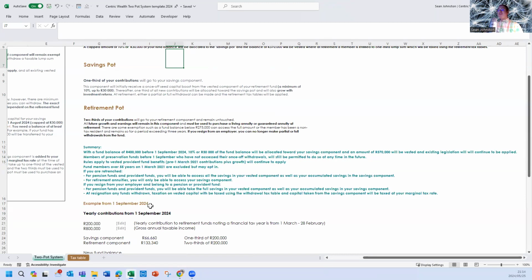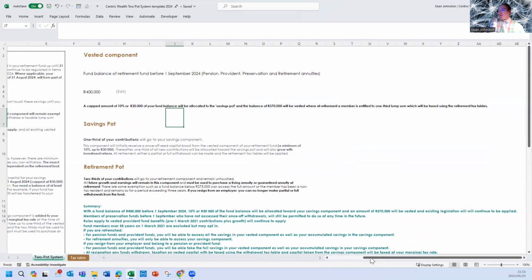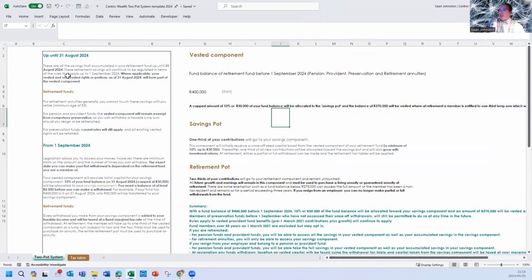If you are retrenched, for pension and provident funds, you'll still be able to access all the savings in your vested component, as well as the accumulated savings in the savings component, because the current legislation states that if you are retrenched, you can access your money. Obviously, there will be tax implications, and the withdrawal tax table will apply.